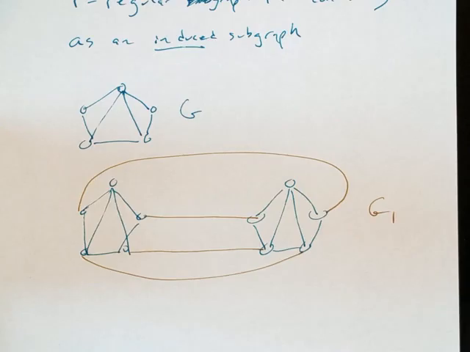What's the next iteration of this? Well, I just do it again. Make another copy of this, and I connect anything that's not degree 4 to something that isn't degree 4.